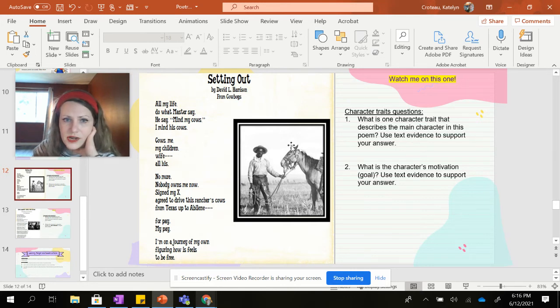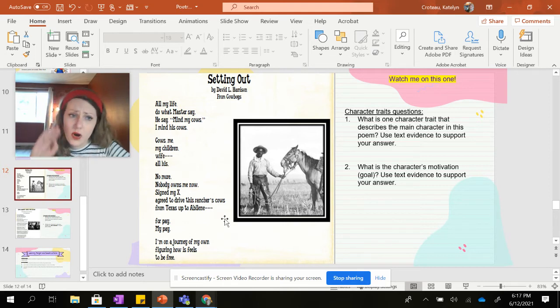So what is the one character trait that describes him? Well, I would say probably determined or hopeful, because he's finally, he doesn't want to deal with it anymore. See, he's determined. He's saying no more. Nobody owns me now. It's for my pay, me. It's a journey for me. So he's determined to do stuff for him and him alone now, not for his master.